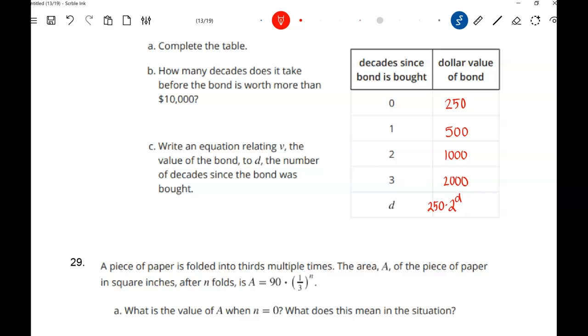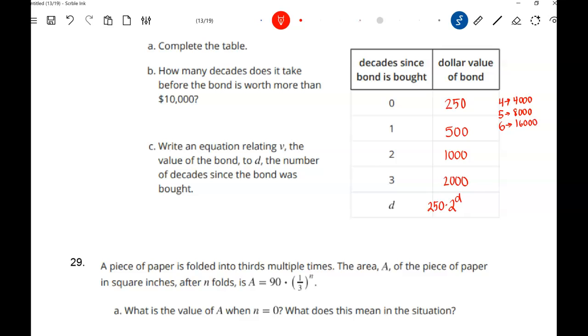using an exponent, but we have to give our starting amount. So it says, how many decades does it take before the bond is worth more than $10,000? Well, after decade 3, it's worth $2,000. Decade 4 doubles again, so it's $4,000. Decade 5 doubles again, so it's $8,000. Decade 6 doubles again, so it's $16,000.